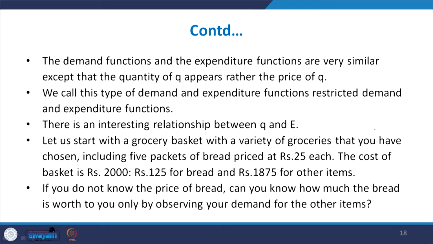So, this is very important when we try to assess the demand for an environmental product. Of course, you can assess how much is the value of bread in this example without knowing the price of the bread, because you know how much you spent on other grocery items and how much total expenditure you made. For instance, you have made 2000 rupees expenditure on different grocery items, out of that 1875 was spent on other items.